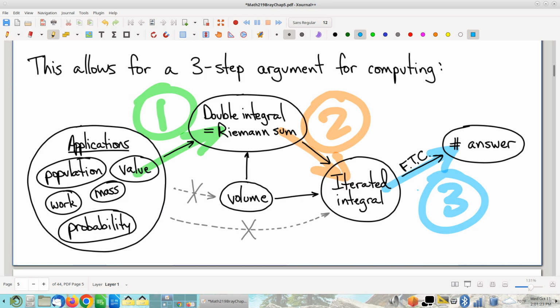Please do make sure to do this, and make sure you don't do the following. A lot of students will try to just do this and then that. And again, that doesn't make any sense. You can't just directly write down, oh, you want to compute a mass? Oh, okay, well, that mass is an iterated integral. Why?